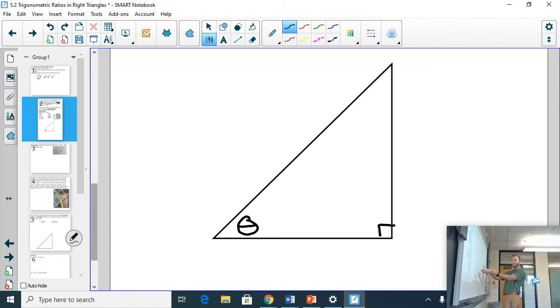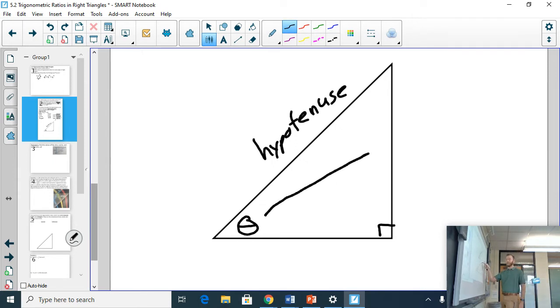So in reference to this angle theta, the hypotenuse is always going to be the same. The hypotenuse is always across from the right angle. And then the side opposite to theta is the opposite side.